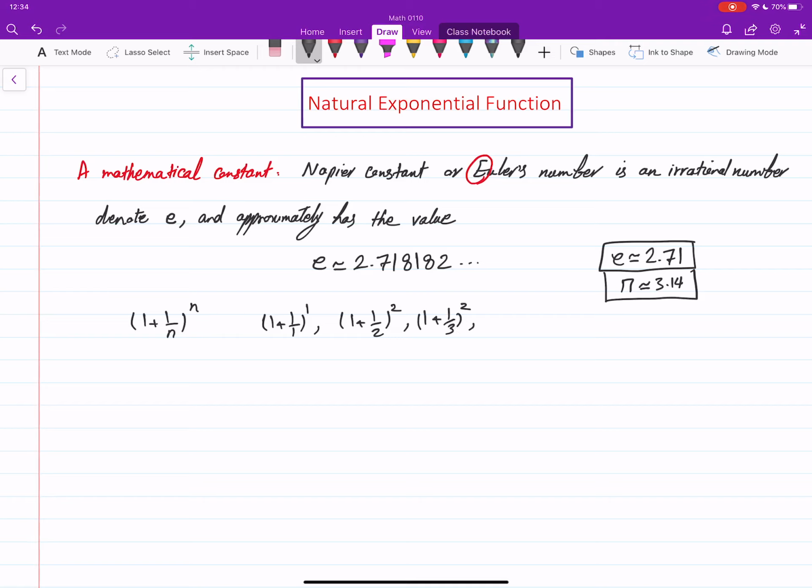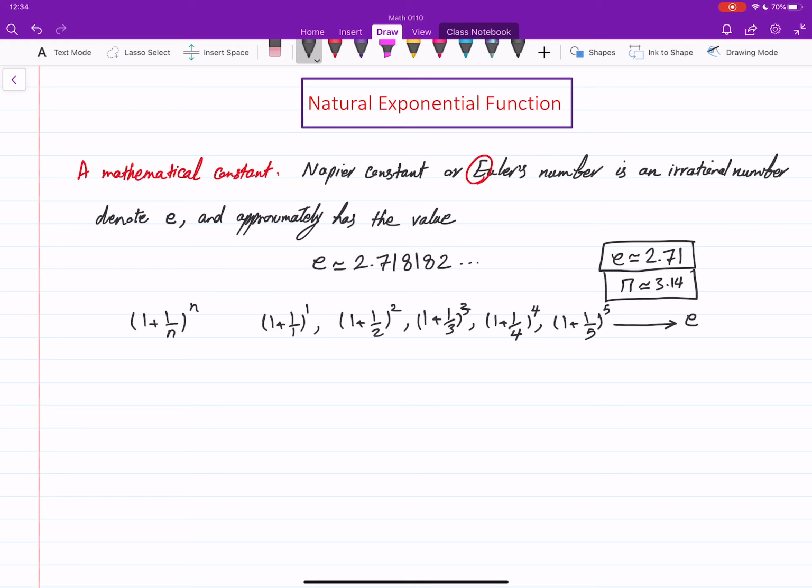It's a good practice. Go ahead and try to evaluate (1 plus 1 over n) to the power n for different values of n, and you will see that this number gets closer and closer to a number. That's the e number, Euler's number.